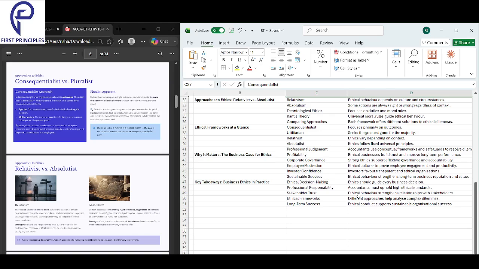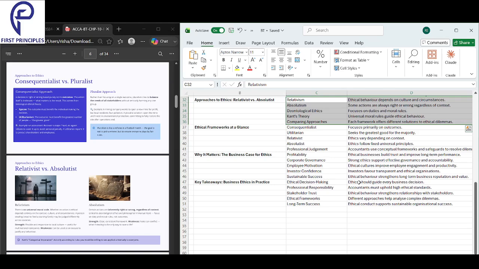And finally, comparing the approaches, each framework offers a different solution to ethical dilemmas. Everyone has their own solution. What we have to do is know about these in a basic sense. In a relativism approach, ethical behavior depends on culture and circumstances.